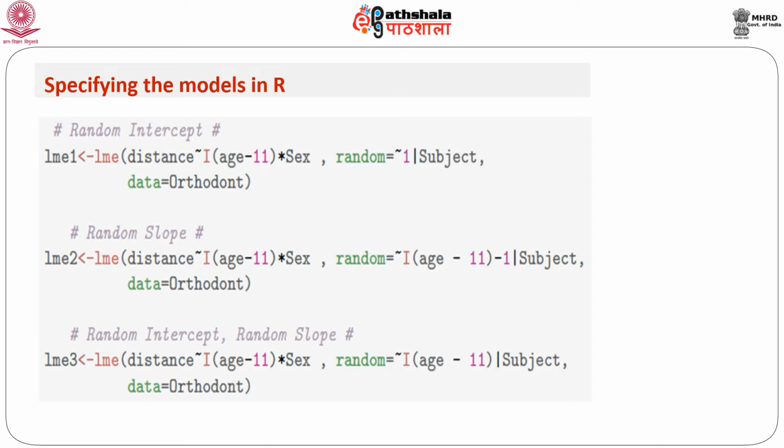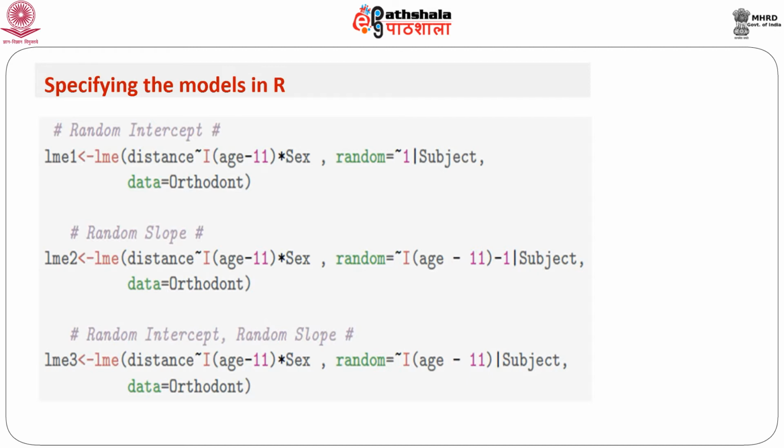The second is saying that the random effects are only due to the slope, and the third is saying that the random effects are present both at the slope level and at the intercept level. And we use 3 objects lME1, lME2, lME3 to respectively store the 3 models.